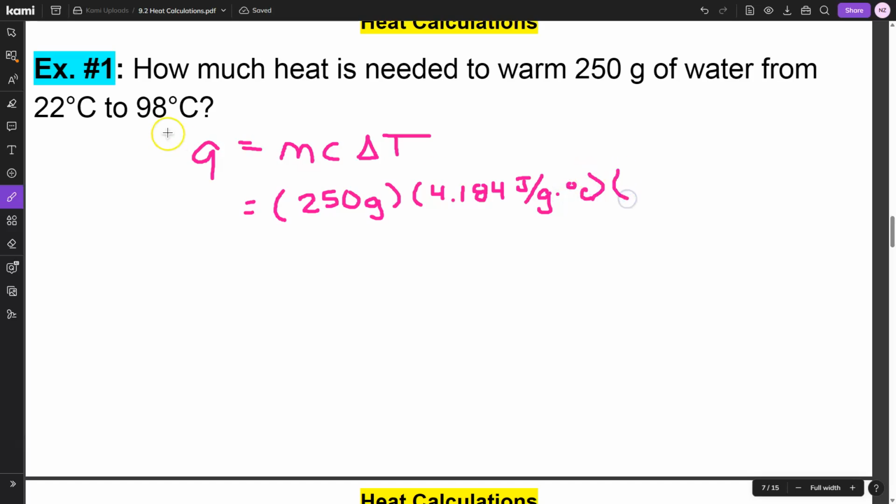And then my change in temperature. It's always our final temperature minus our initial temperature. So 98 minus 22. 22 was our starting temperature. And those are degrees Celsius.